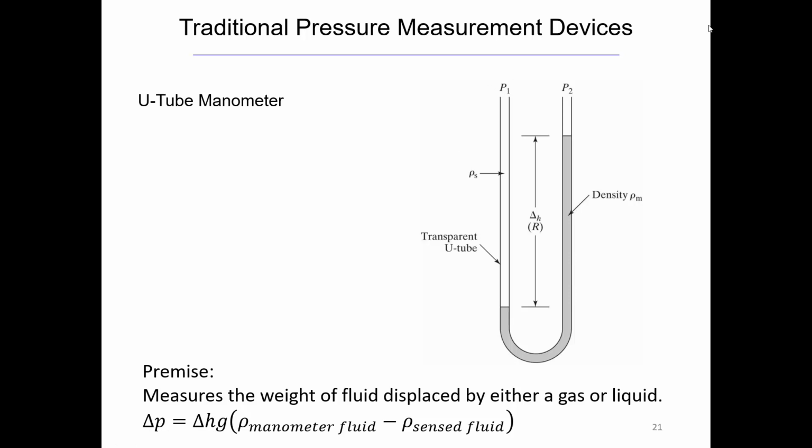But the main point here is that this pressure is greater than this one, and it pushes this fluid towards this side. And we're going to get a difference in the height of the fluid columns on each side. And that difference, that change in height, which is sometimes denoted as R, is the basis of how we determine the pressure. So that and the density of this fluid.